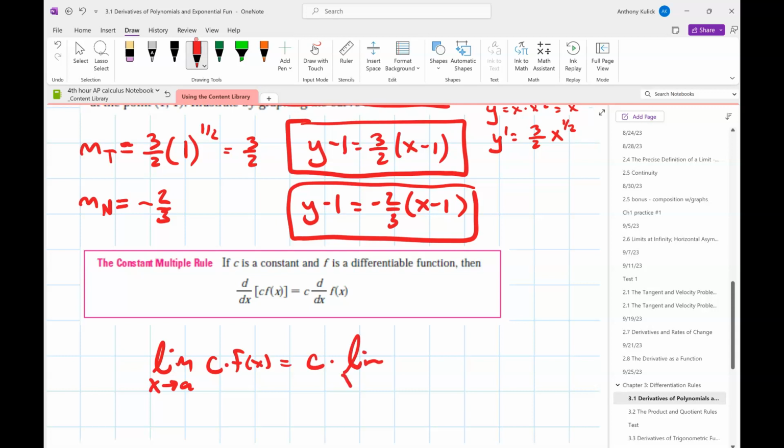Because the same property works for limits. And because a derivative is just a limit, I can use that same limit property to prove this. I'm not going to do that, but that's the idea. So remember we had this same property for limits where you can pull the constant out front of the limit. If a derivative is just a limit, it stands to reason I should be able to use that same property for the derivative.